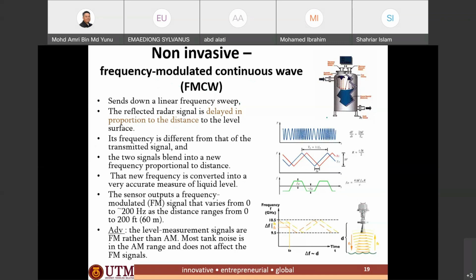Instead of a fixed frequency of the microwave signal, it sends a linear frequency sweep, meaning that the microwave signal contains a wide range of frequencies in one sweep.